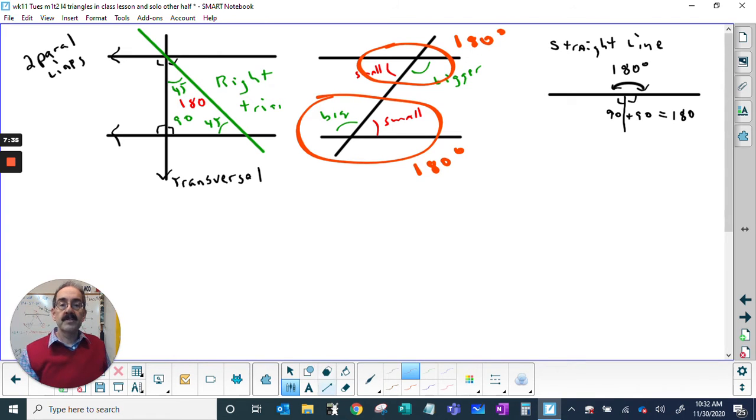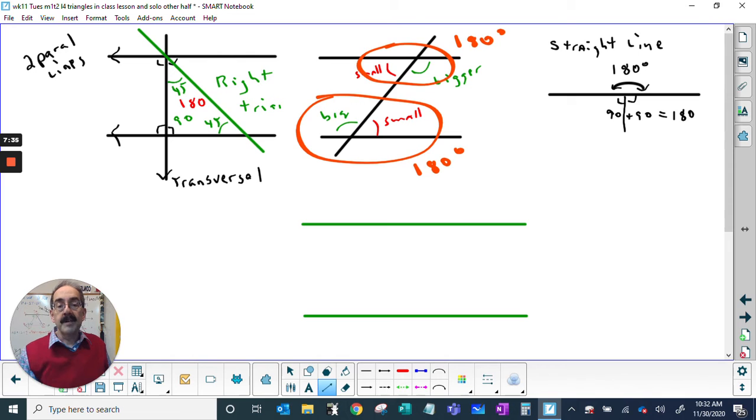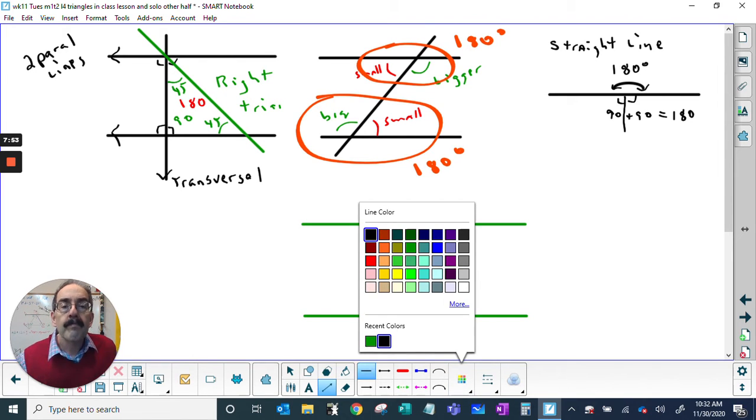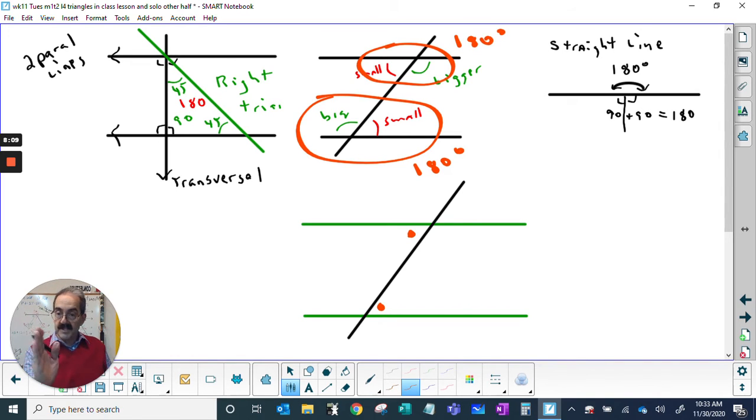So follow this train of thought. Now I'm going to tip this, just a little bit. You agreed this angle is the same as this angle as I tip them.